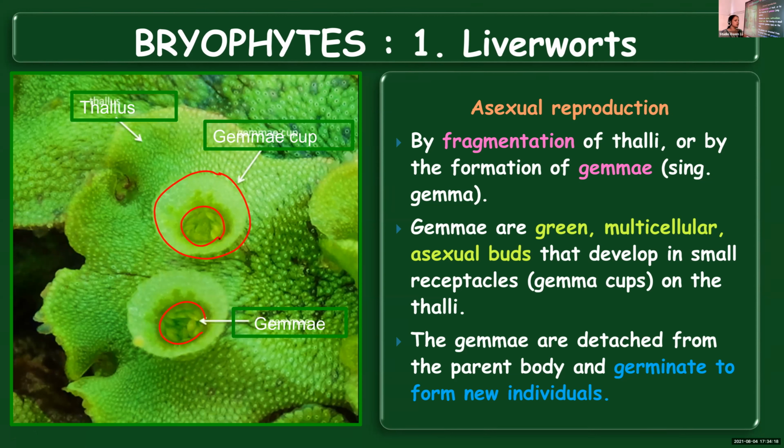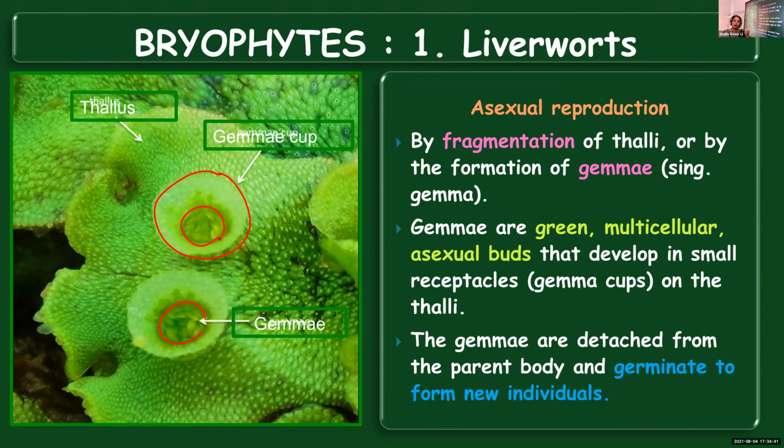Those buds can germinate once they get detached. Just like in Hydra, entirely different structures, but still, buds arise and when these buds are detached from the parent body, they can grow into new individuals. Similarly, here also, asexual reproduction can be carried out with the help of certain special buds.